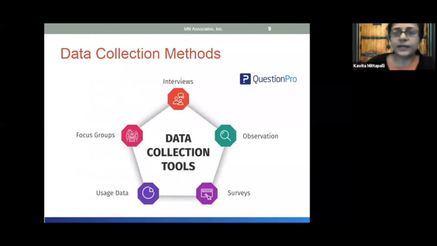So let's spend some time going through the data collection methods, because this is, again, an interesting topic and most commonly used across all the courses, 660, then you have qualitative methods, quantitative methods, and mixed methods. So basically all of us have to do some kind of data collection in our courses.